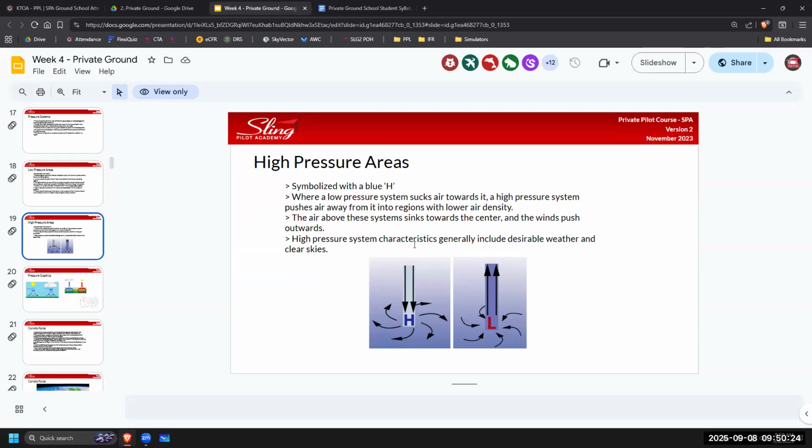So air above these systems sinks down towards the center, and winds push it outwards, away from the pressure system. And like we talked about, high pressure systems generally have better weather, clearer skies.